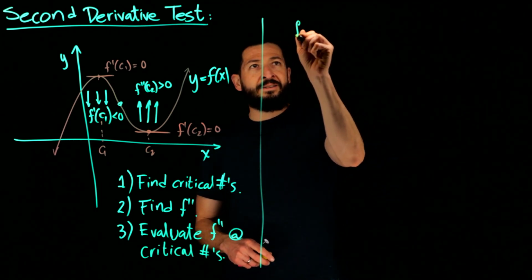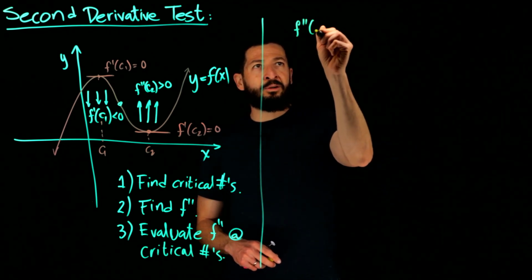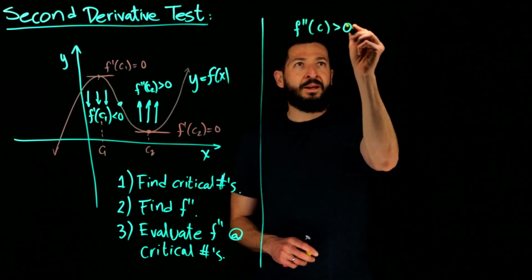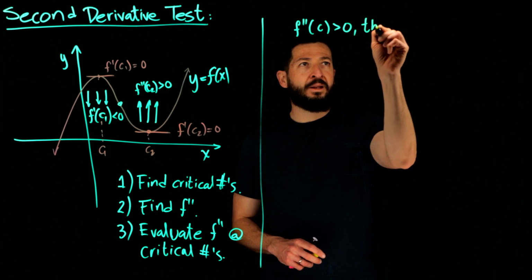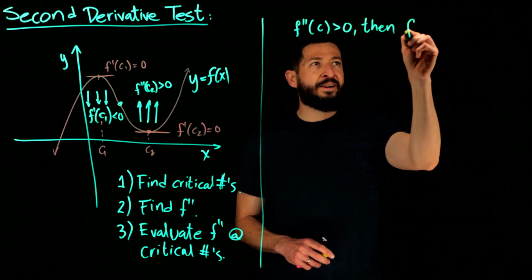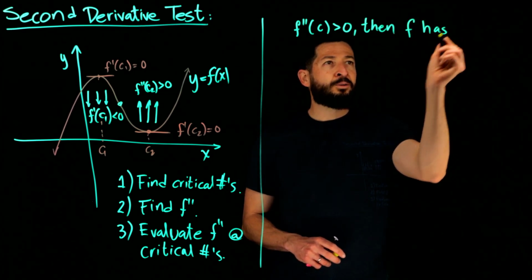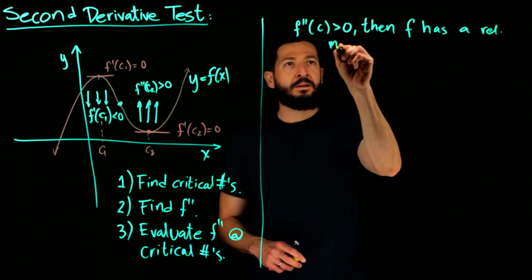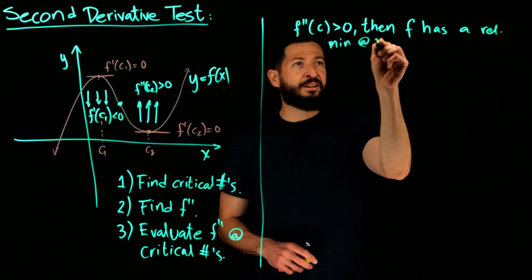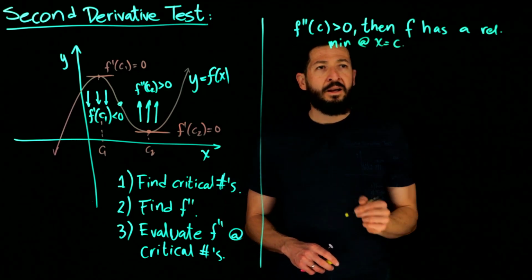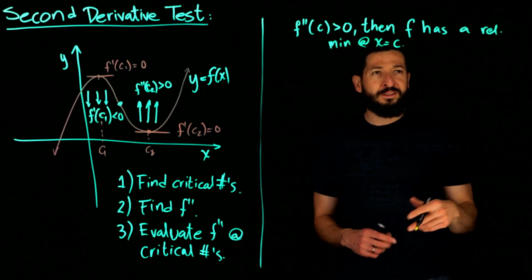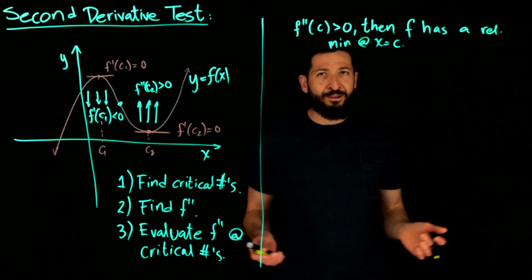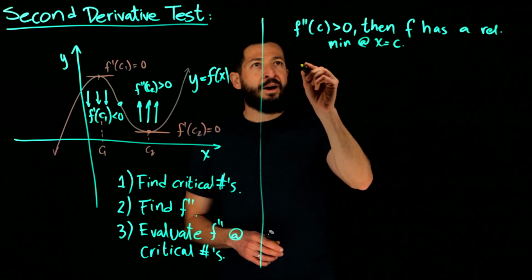If your second derivative at the critical number, let's call it c, is positive, then your function f has a relative minimum at x equals c. Of course, here we're assuming the function is twice differentiable. If the function is not twice differentiable, then you cannot apply this test, obviously.